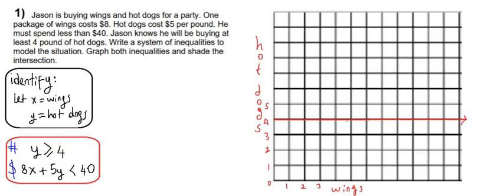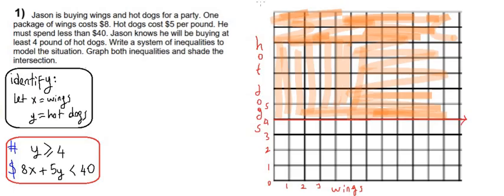And it's gonna be a solid line because greater than or equal to. Now we're going to shade above because it says greater than. So anything above y equals 4 satisfies our first inequality.